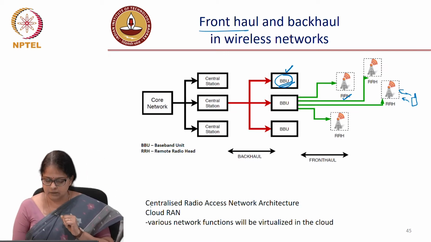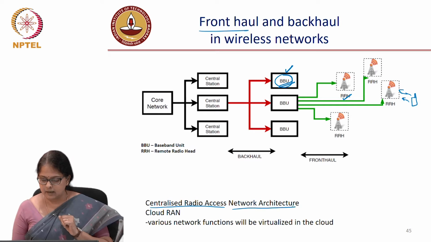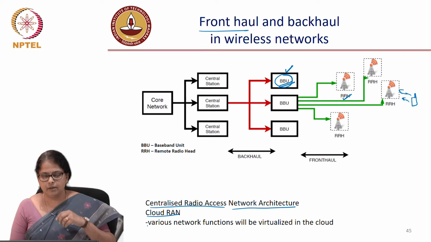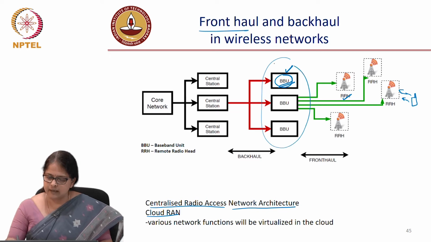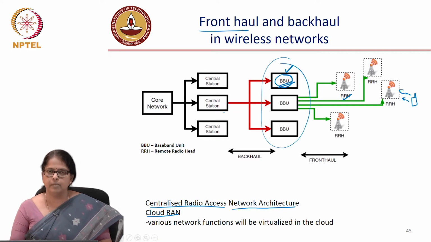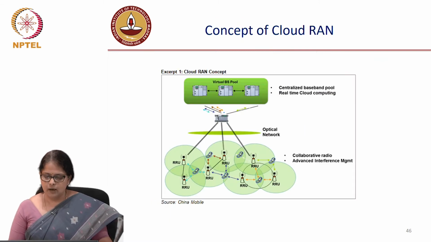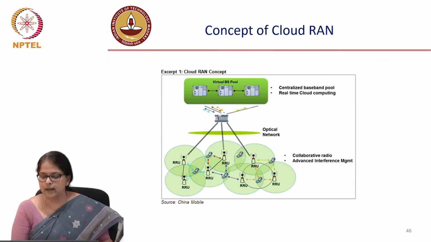And this is what is called a centralized radio access network architecture, or the CRAN. CRAN stands for centralized RAN or CloudRAN, where the different network functionalities are actually controlled by a central station, which is a cloud. The concept of CloudRAN is picked from China Mobile.